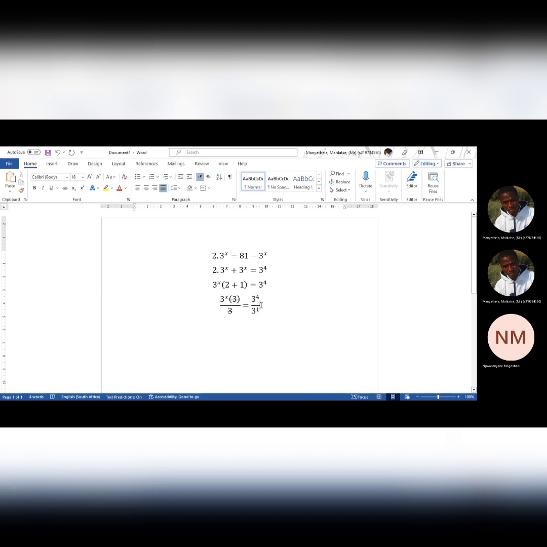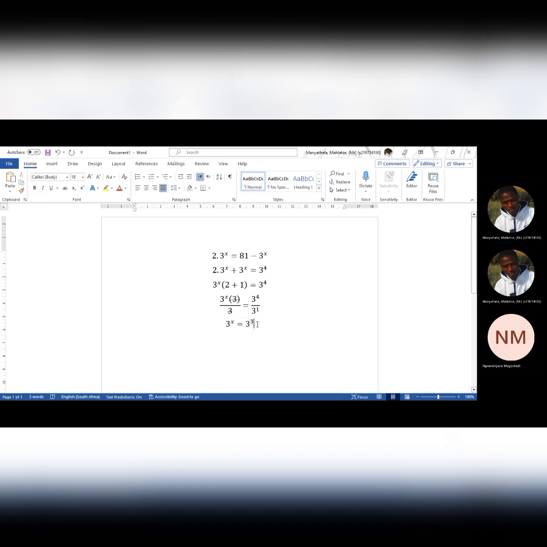What do we do? We have the same bases, and we are dividing, so we subtract the exponents. So 4 subtract 1 is 3. We remain with 3 to the exponent x equal to 3 to the exponent 3.